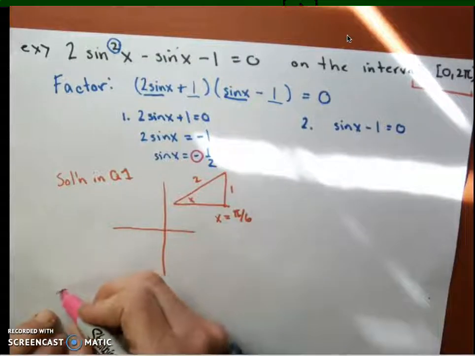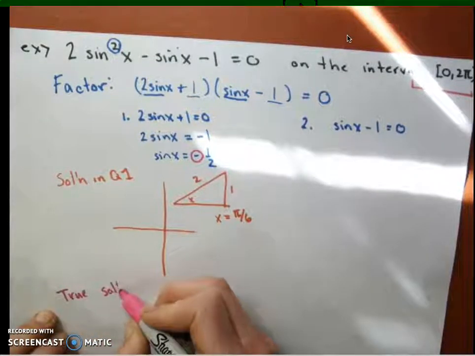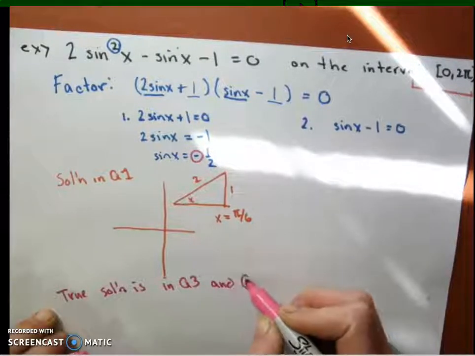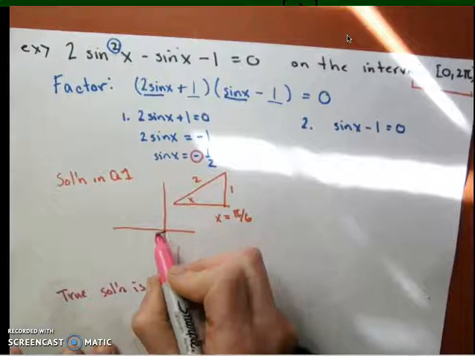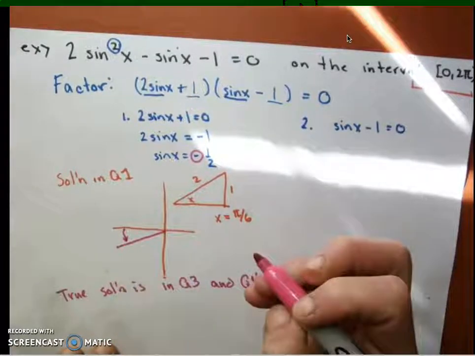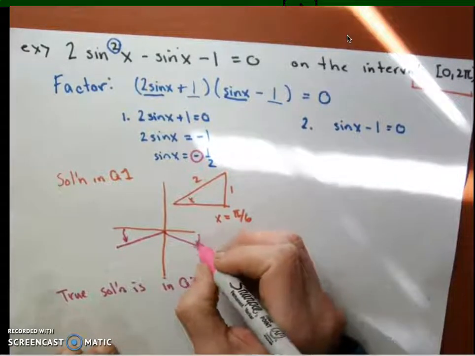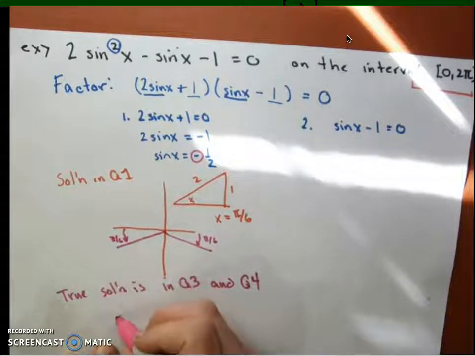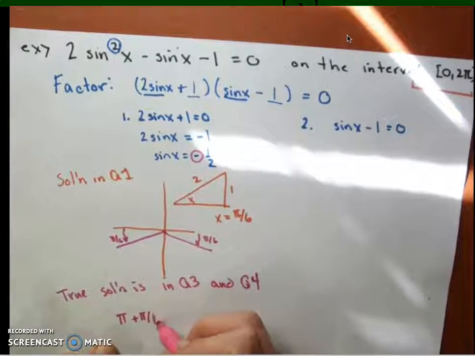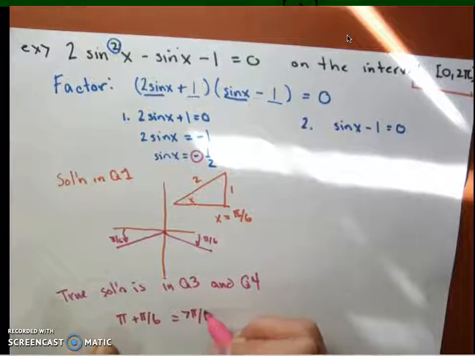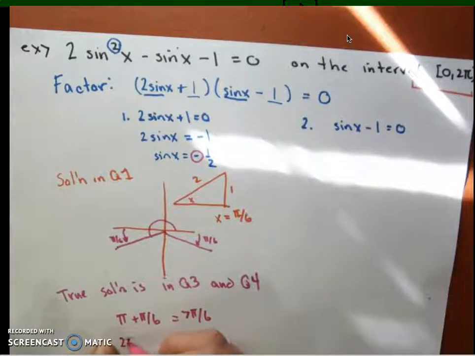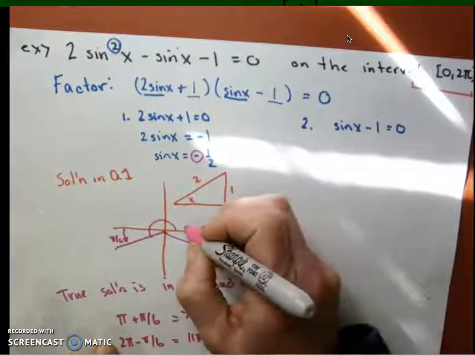So our true solution is in quadrant 3 and quadrant 4. So I have to go pi over 6 in this direction and pi over 6 in this direction. So my true solution is going to be pi plus pi over 6, which is 7 pi over 6. That's this one. And then 2 pi minus pi over 6, which is 11 pi over 6. That's this one.